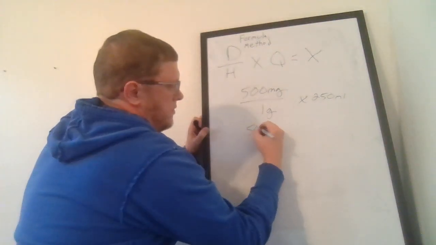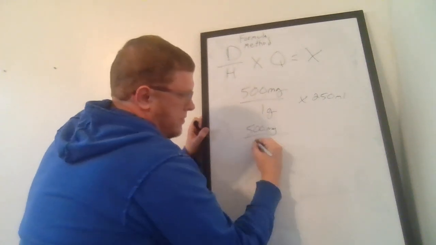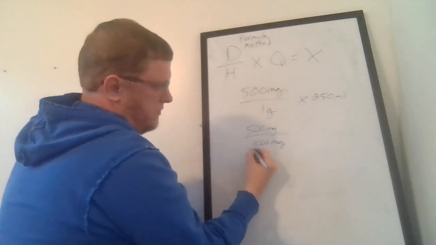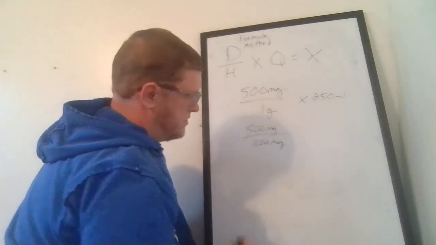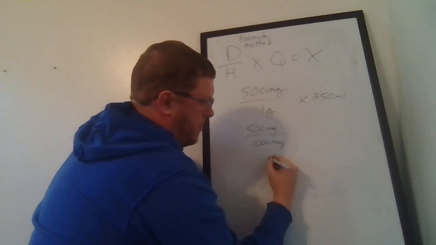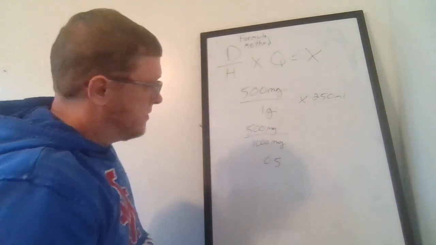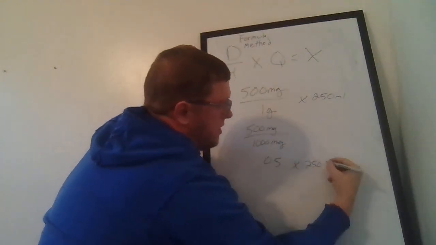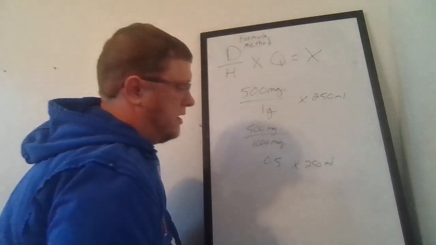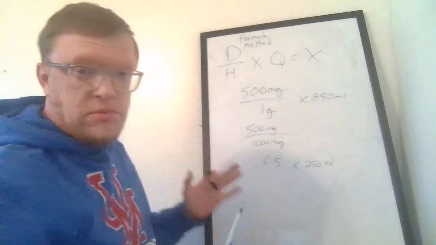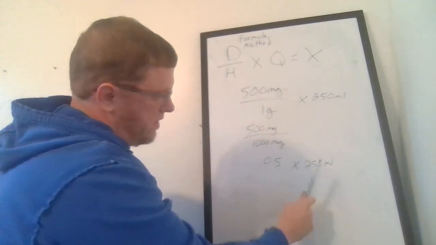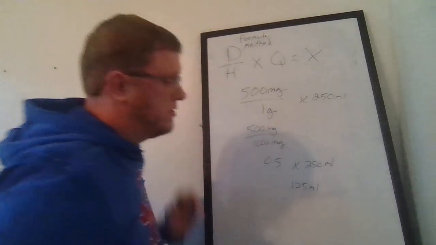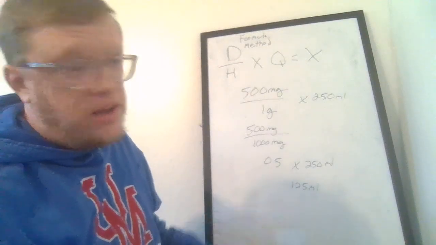So we know that 1 gram is 1,000 milligrams. When you divide 1,000 into 500, you get 0.5. Now we've got to multiply it times our quantity, which is 250 mLs. And I know, because I am a mathematician, that 0.5 times 250 is a whopping 125 milliliters. You can check it with your calculator, but I know it's right.